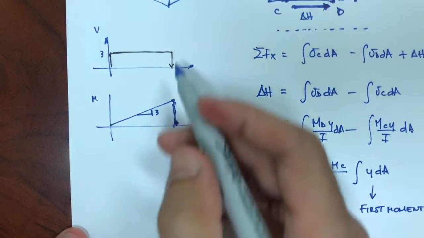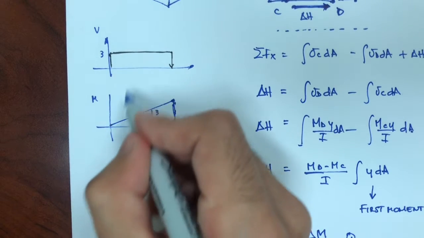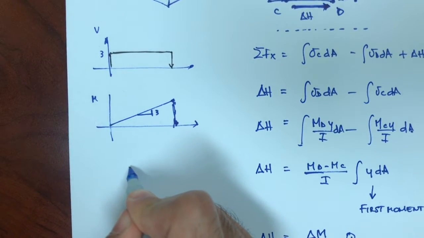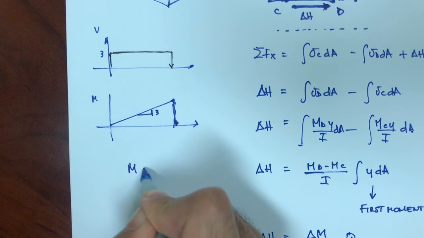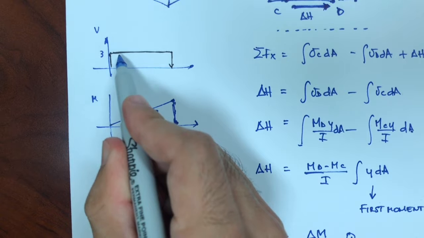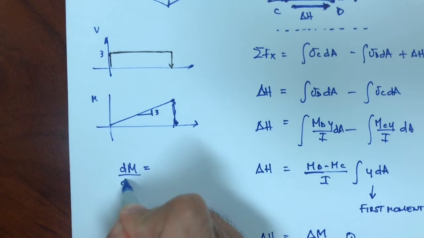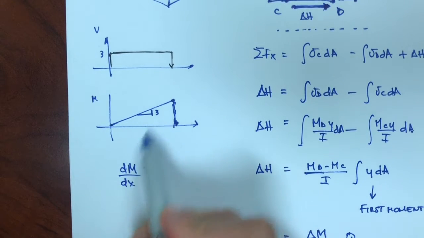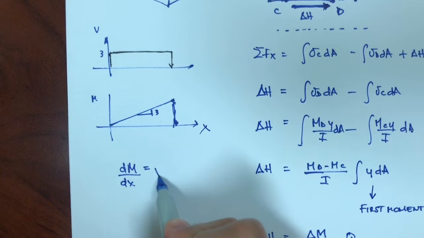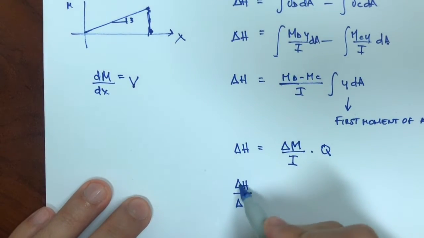But again, this example is just to remind you that V would give me the slope of M. So the slope in the x direction of M would be V, and that's what we're going to use here.